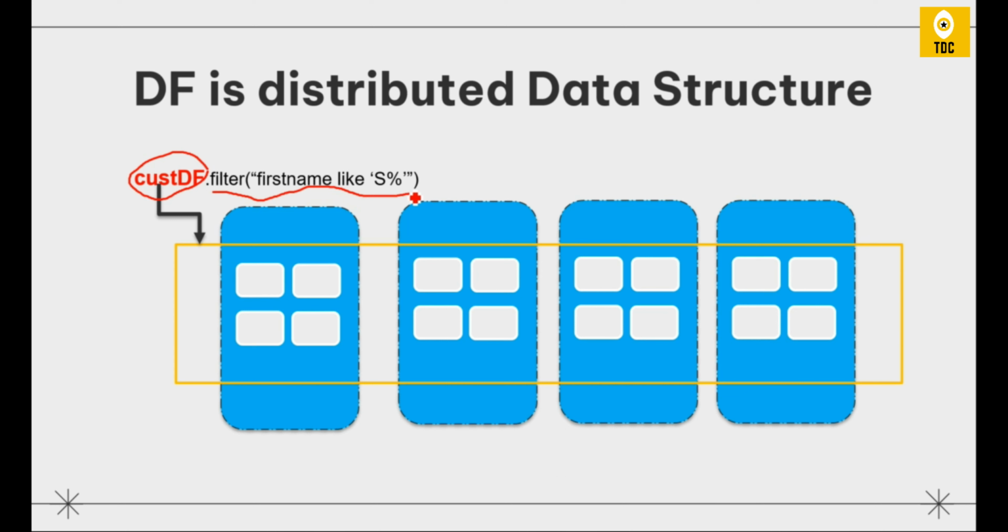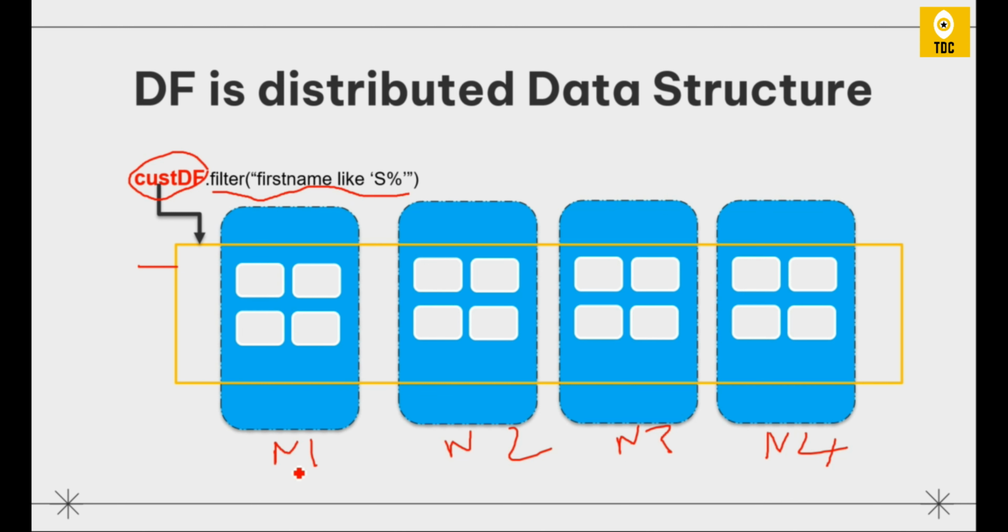You want to traverse the entire data set that you have read and find the records whose first name starts with S. Since the data is distributed into multiple nodes, say this is node 1, node 2, node 3, and node 4, the data will be distributed across the different nodes, or the different workers. When you read cust.df, it is a data frame, and as a user you will be interacting only with this.